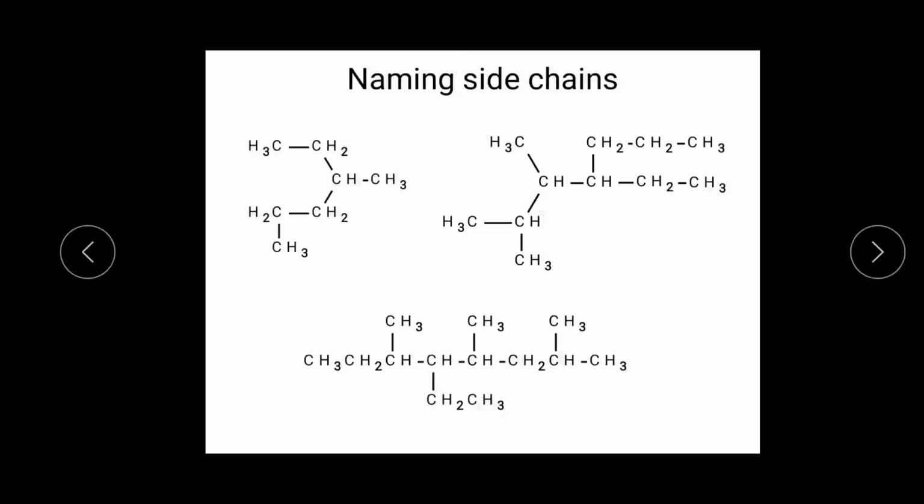Now let us try to name the following side chains. Are we going to name this structure from the top down to the bottom, or will we begin at the bottom to the top?